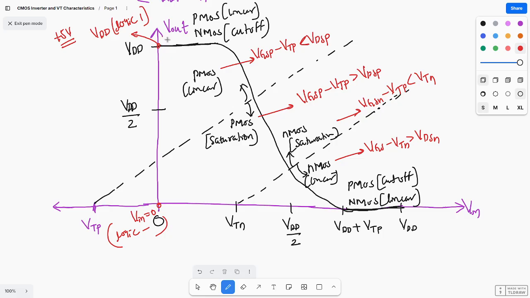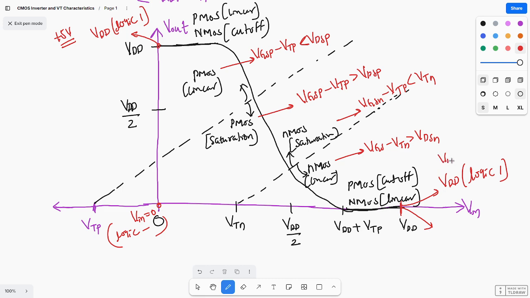Next, input voltage is VDD, which is logic 1. What output voltage are you getting?